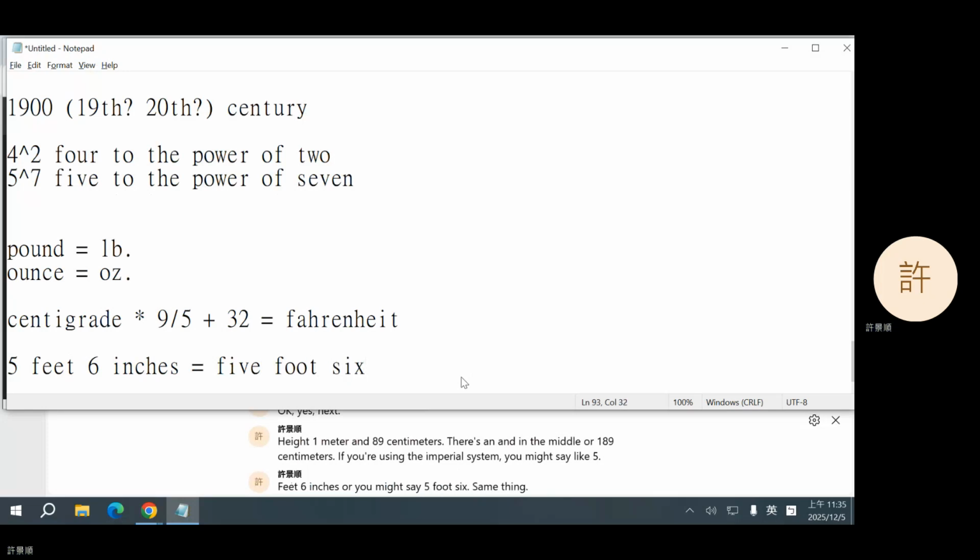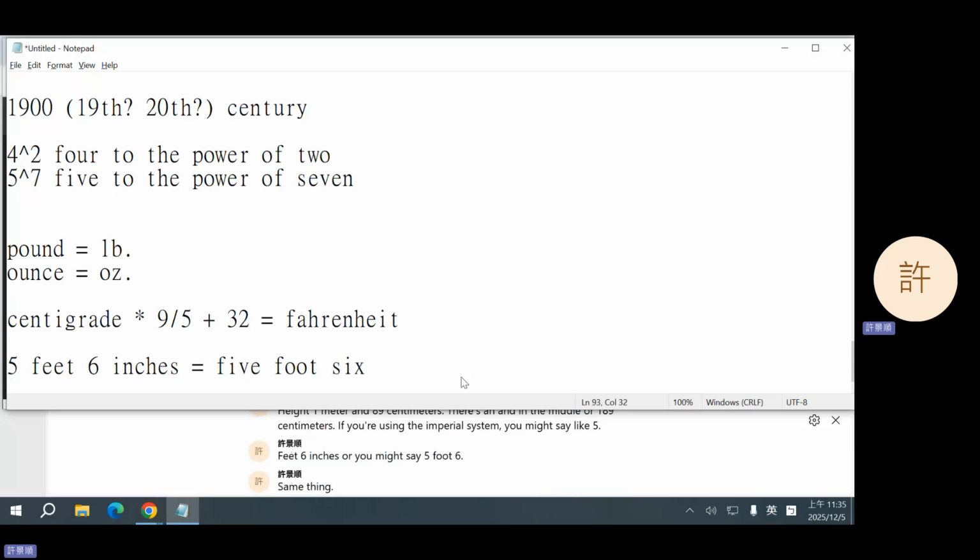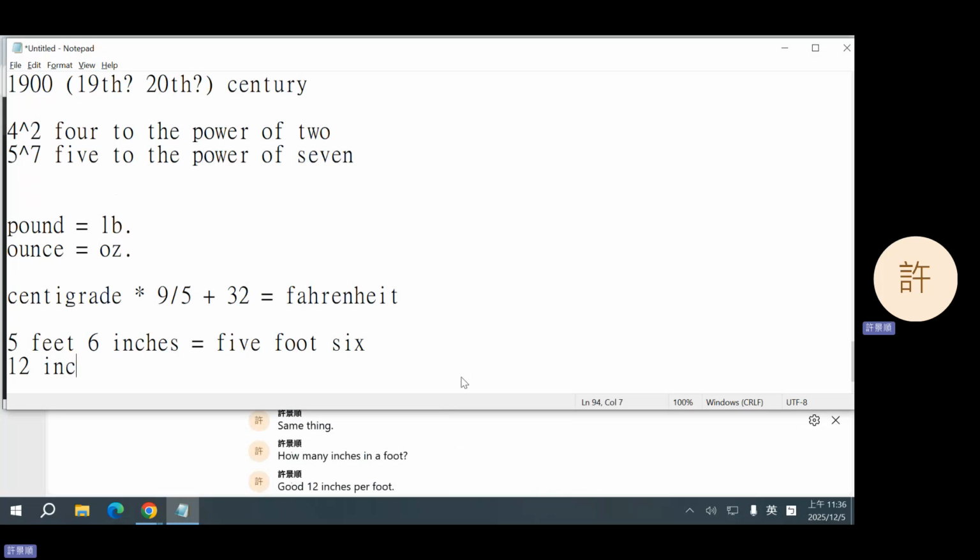Same thing. How many inches in a foot? 几个英寸组成一个英尺. Good. 12 inches per foot. 12 inches is 1 foot.